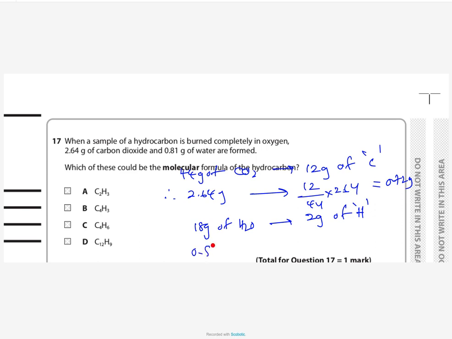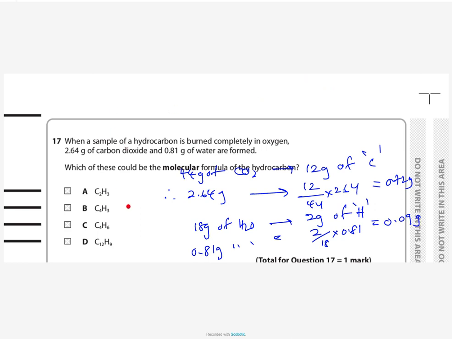So 0.81 grams of water contains 2 over 18 times 0.81, which is 0.81 times 2 divided by 18, 0.09 grams.